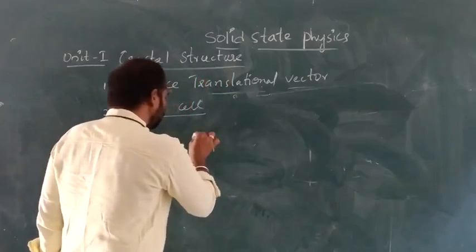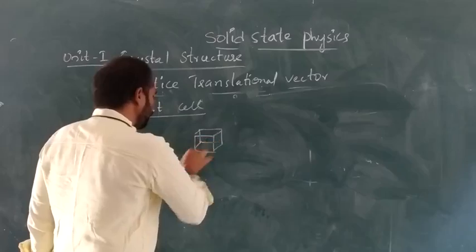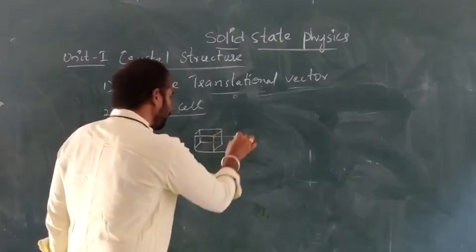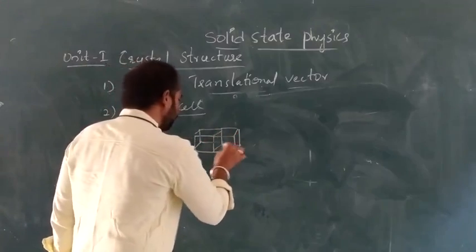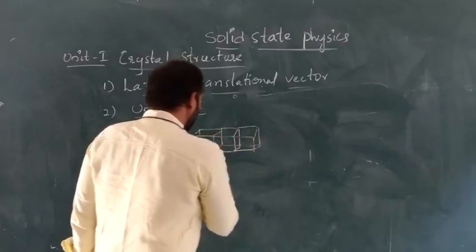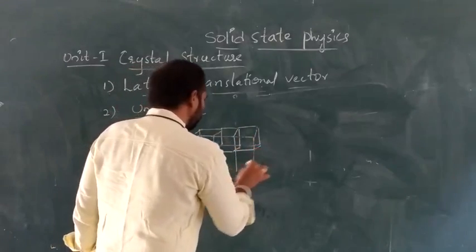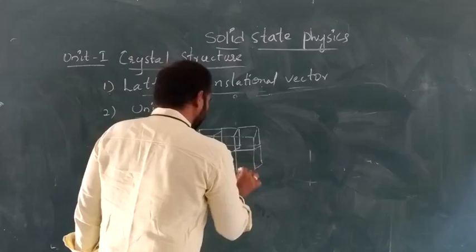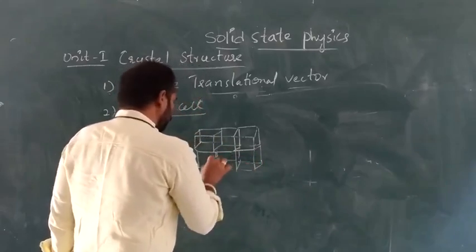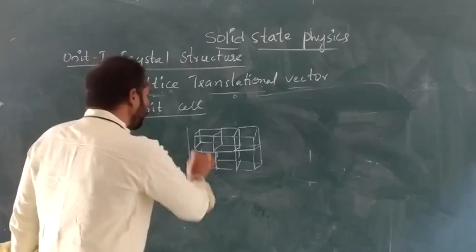Let us consider a small element of a crystal. If we repeat this small element again and again, we will get a complete crystal.